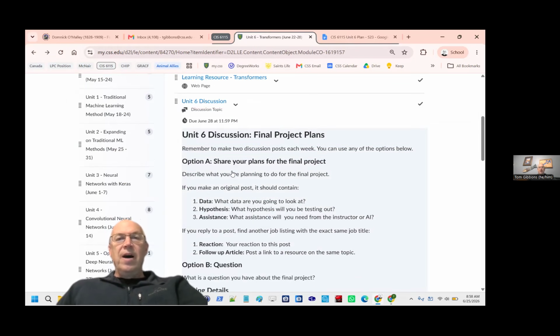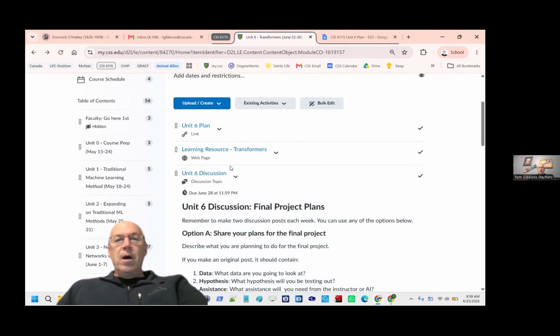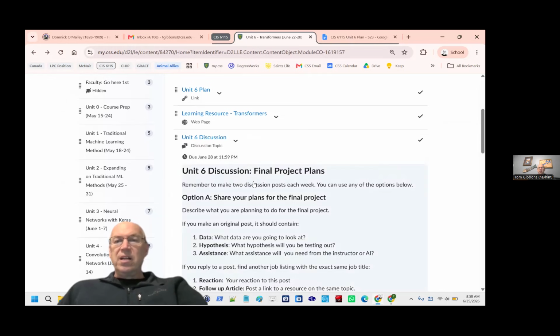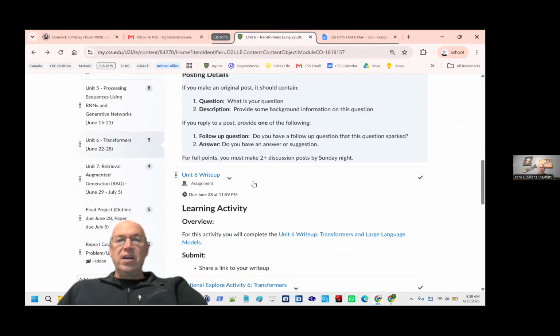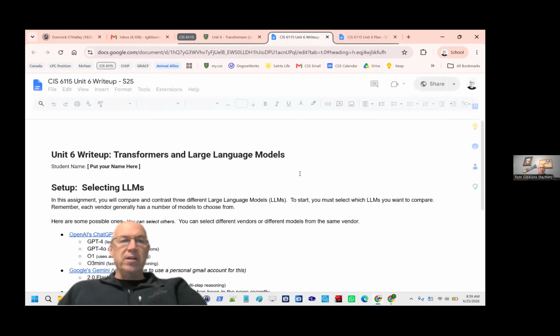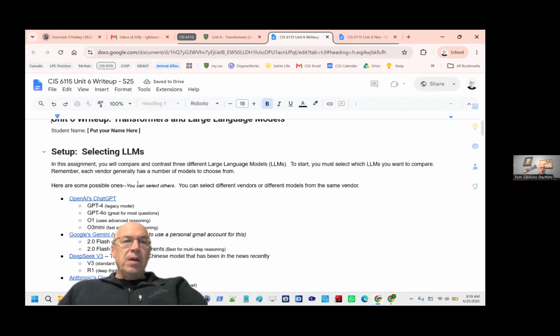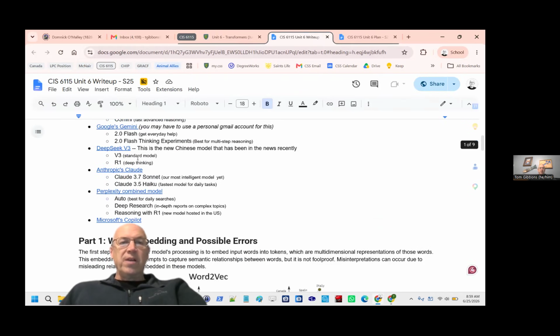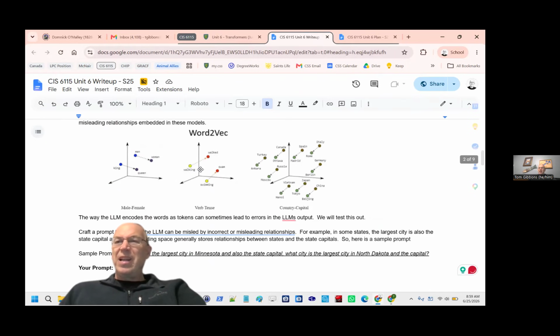Then your unit discussion, actually on the final project here, your write-up, is on transformers and large language models. This just talks about picking a transformer and going with some of the word embeddings.